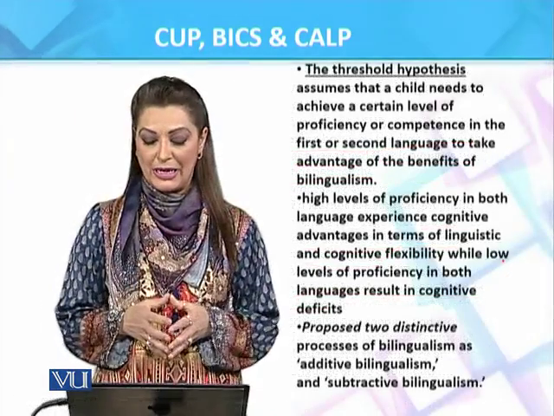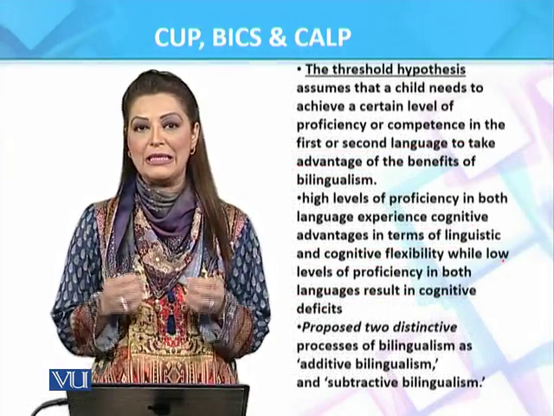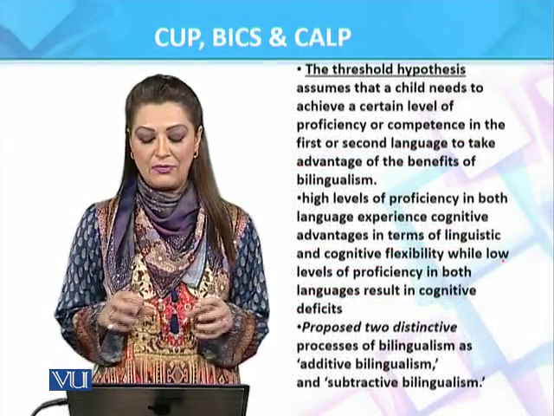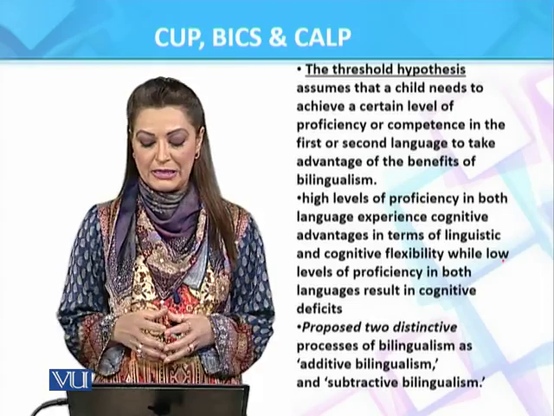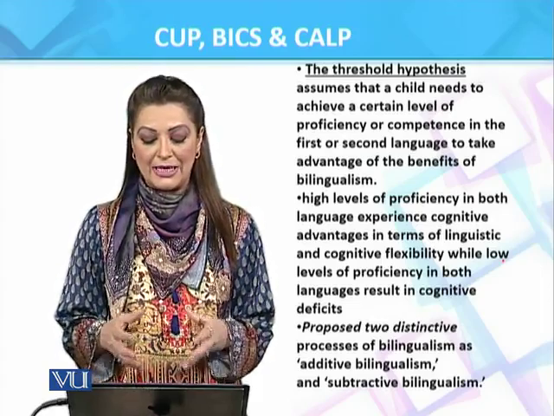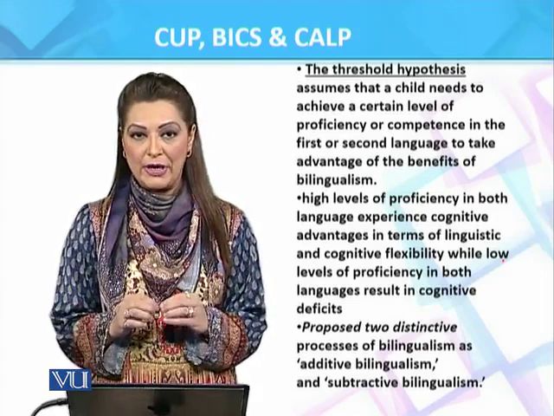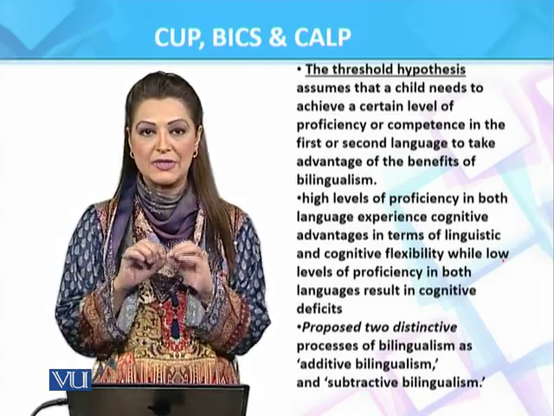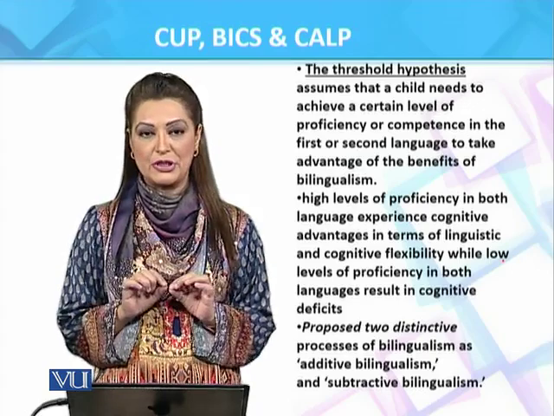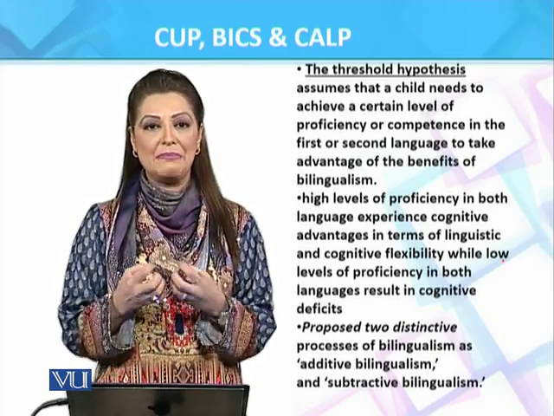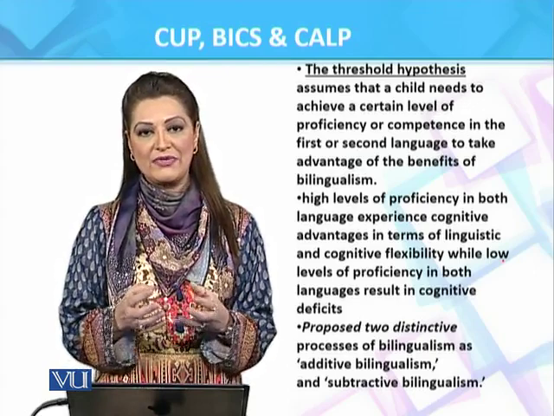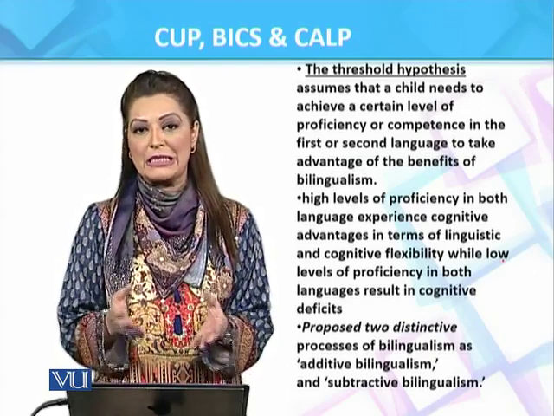The threshold hypothesis assumes that a child needs to achieve a certain level of proficiency or competence in the first or second language to take advantage of the benefits of bilingualism. So a child needs to achieve a certain level of competence in order to attain the maximum benefit in the development of proficiency in the second language.